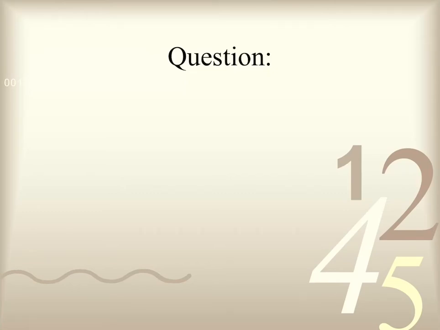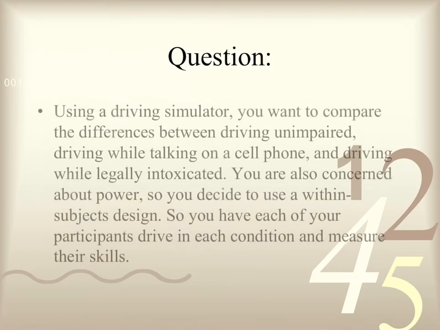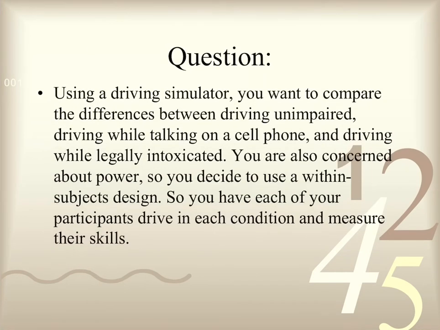Okay, so I'm gonna give you an imaginary scenario. I'm going to ask you first to think about what could go wrong in this scenario. So using a driving simulator, you want to compare the differences between driving unimpaired, driving while talking on a cell phone, and driving while legally intoxicated. But you're also concerned about power, so you decide to use a within subjects design.